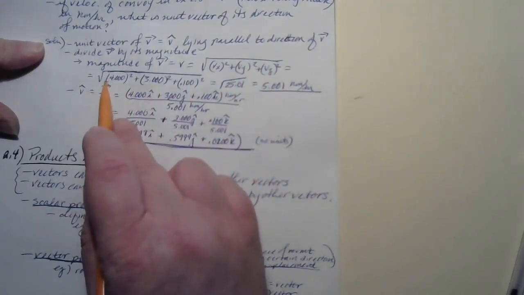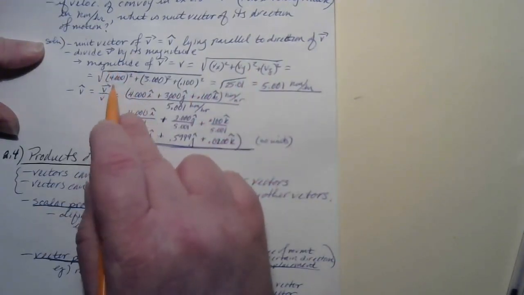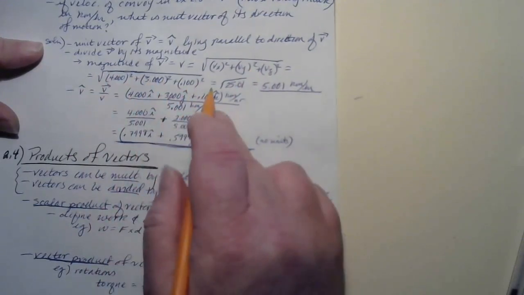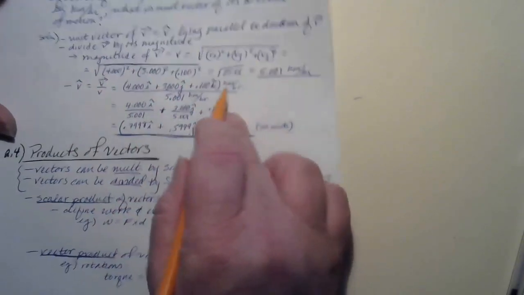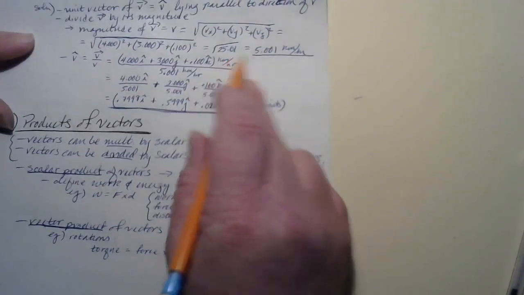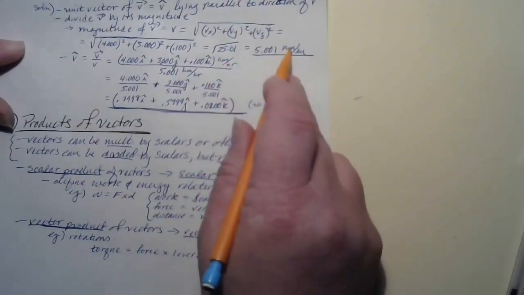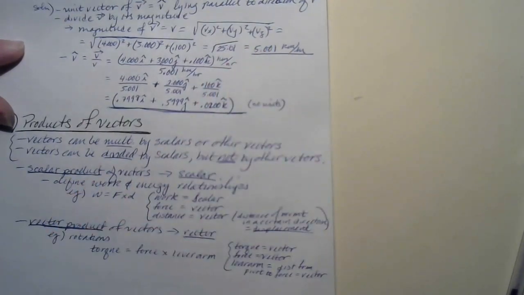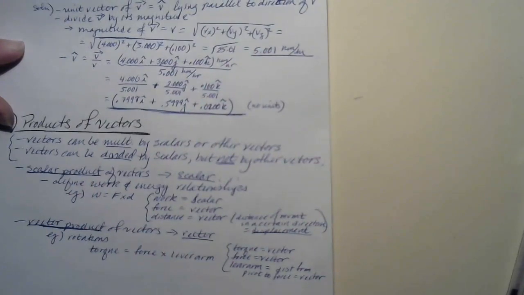So the magnitude of vector v is going to be the square root of 4 squared plus 3 squared plus 0.1 squared, which is the square root of 25.01, which is 5.001 kilometers per hour. That's the magnitude of the velocity vector.